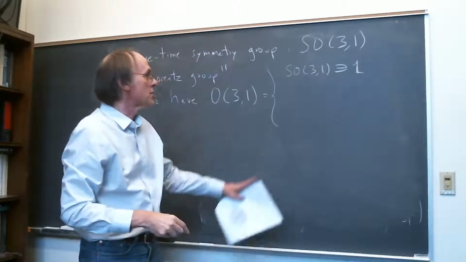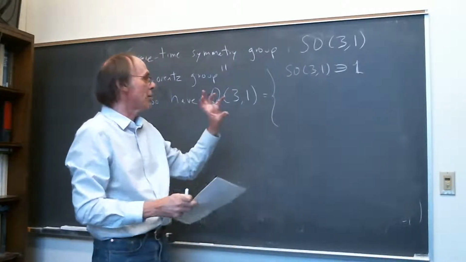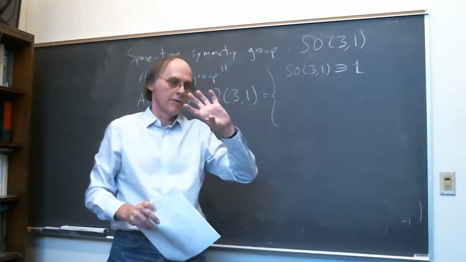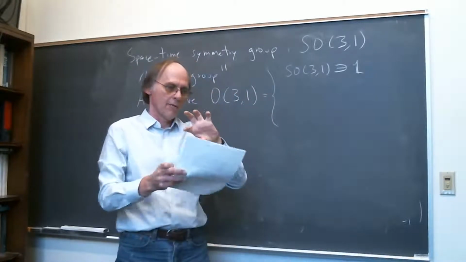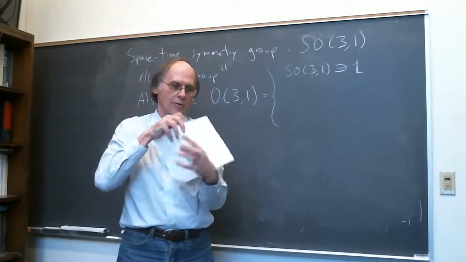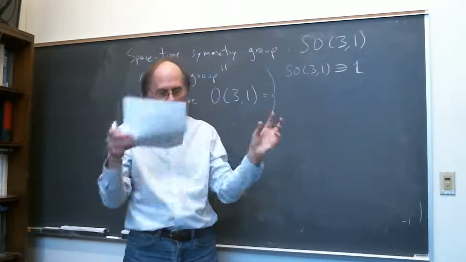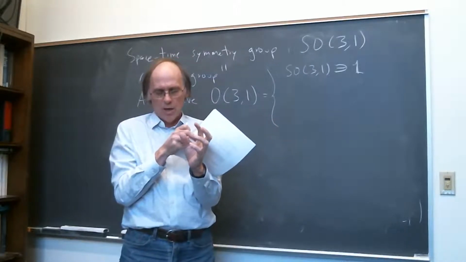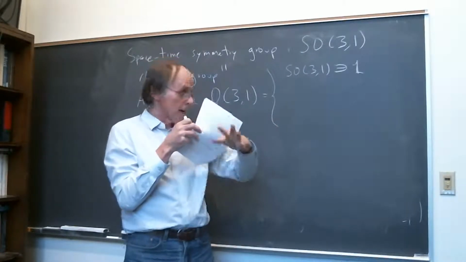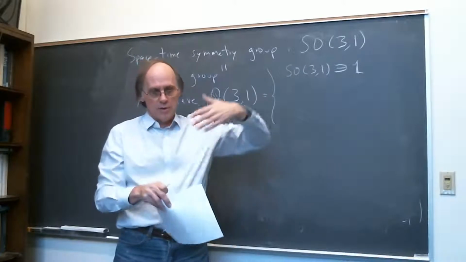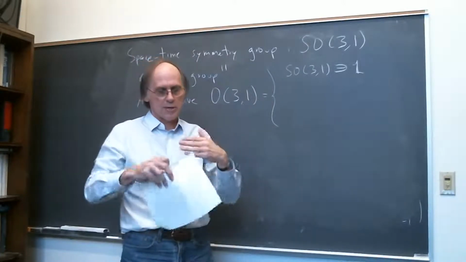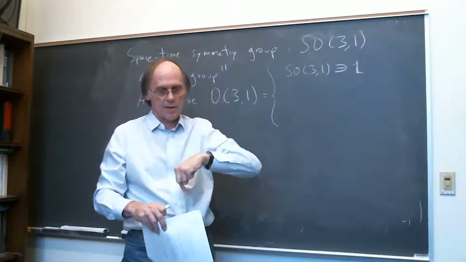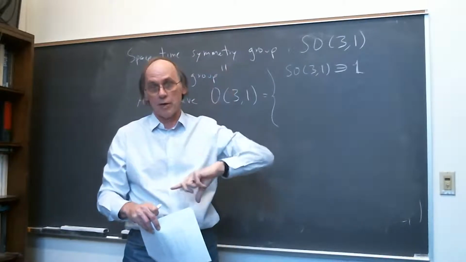So here the point is you have to separately keep track of changing the sign of all of the space components. You get to a different component, but also separately, if you just change the sign of the time component, you get to a different component.